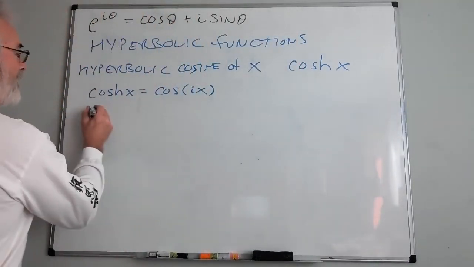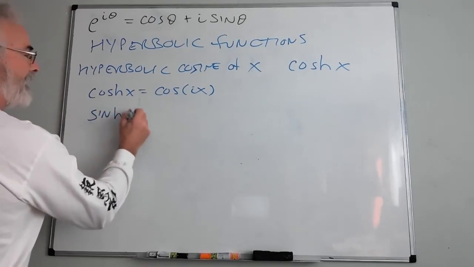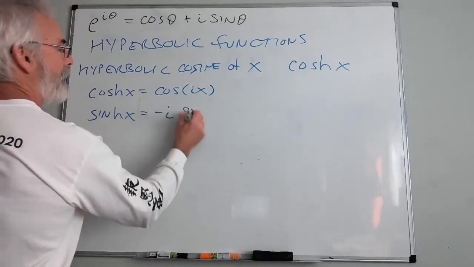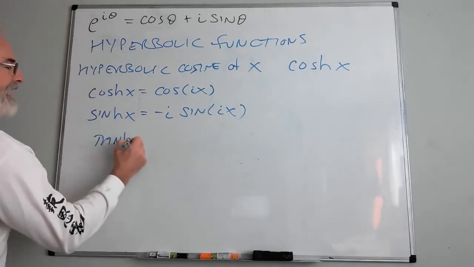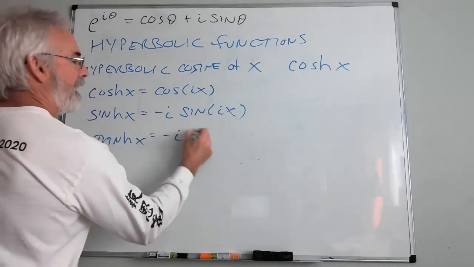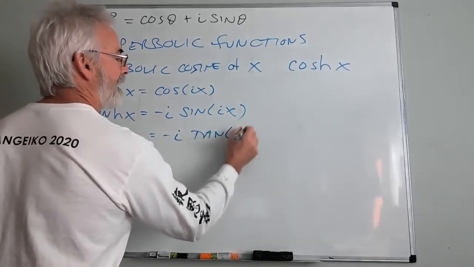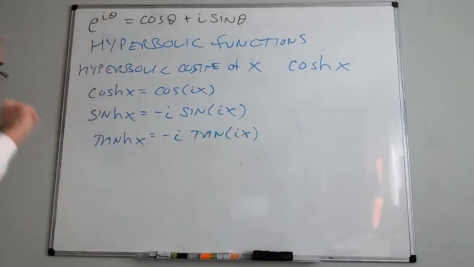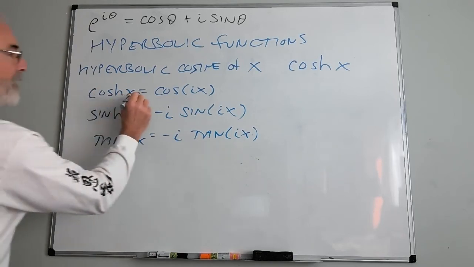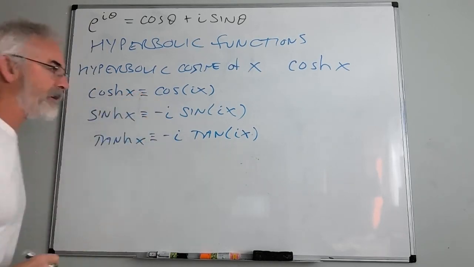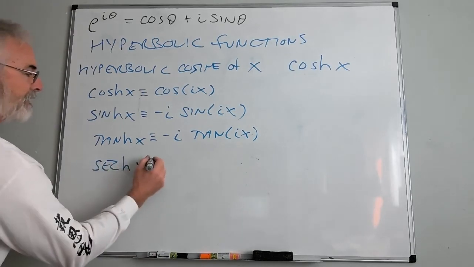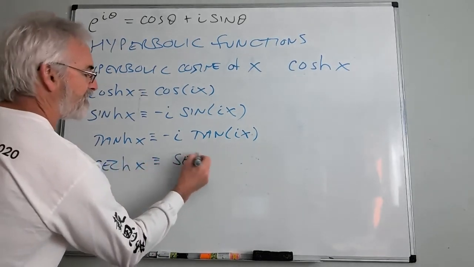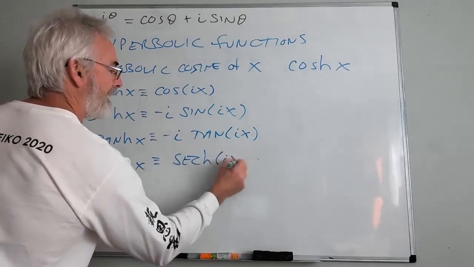Yikes. With that, the hyperbolic sine is -i sine ix, and the hyperbolic tangent is -i tangent ix. These are definitions, by the way, not results. So I'm going to put the 3 bars. Now I'll do one more. The hyperbolic secant is defined to be the secant of ix.